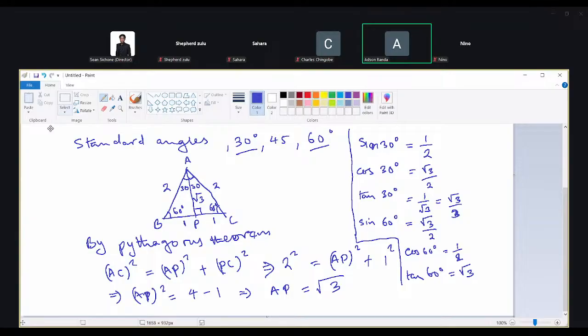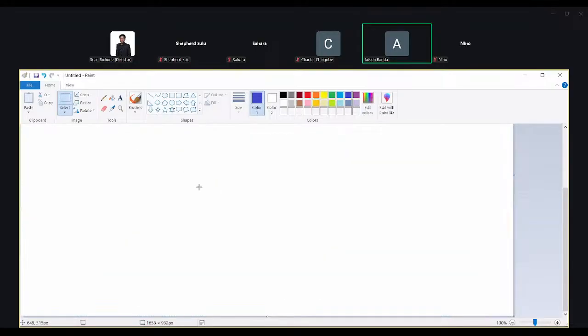So I'll clear this screen, and then we see how we can get the standard ratios for 45 degrees. If you can't see the screen, say so, or if there is any challenge, please let me know. Right, so standard ratios for 45 degrees.